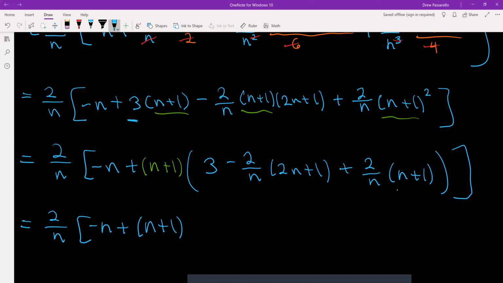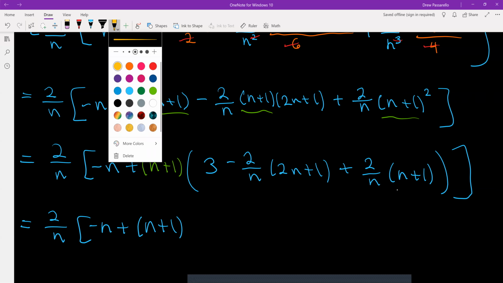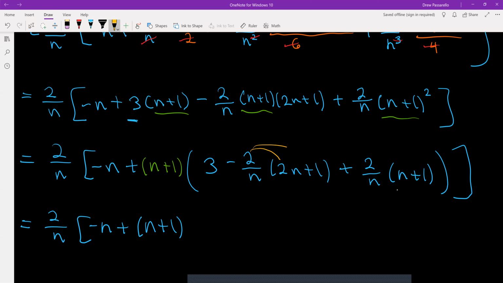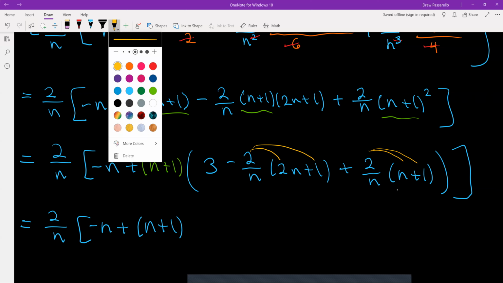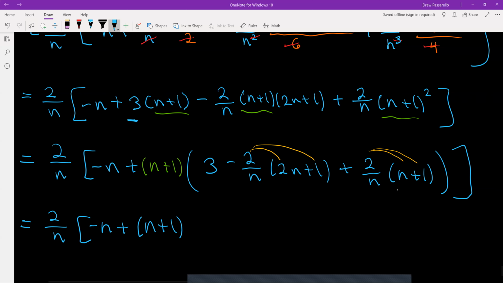All right, so what I'm going to do now, let's see, I'll distribute negative 2 over n here, and then 2 over n here. That's going to give me 3. Negative 2 over n times 2n, well, the n's cancel out, so you just have 2 times 2 is 4, so that's minus 4.